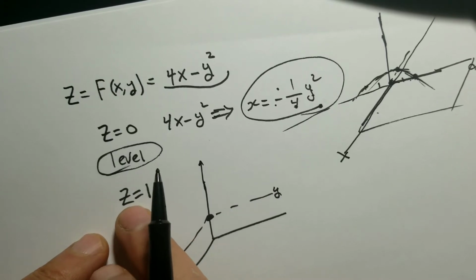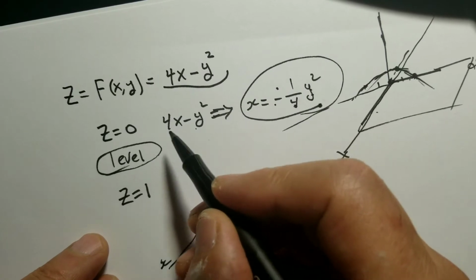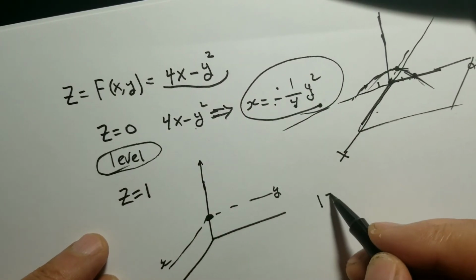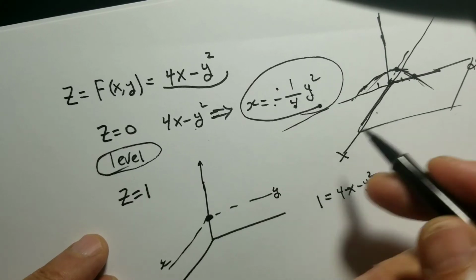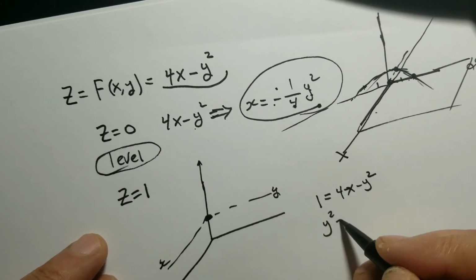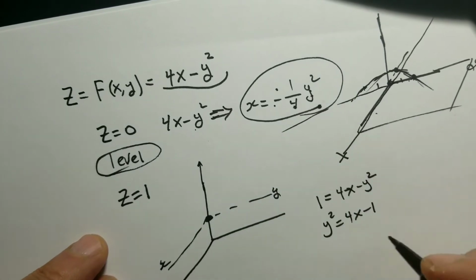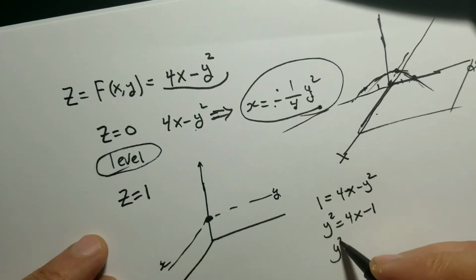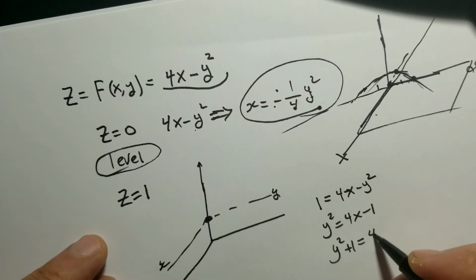When you put z equal to 1, that becomes 1 equal to 4x minus y squared. You bring the y squared to the other side, and it becomes 4x equals y squared plus 1. I shouldn't have moved the 1 to the other side.